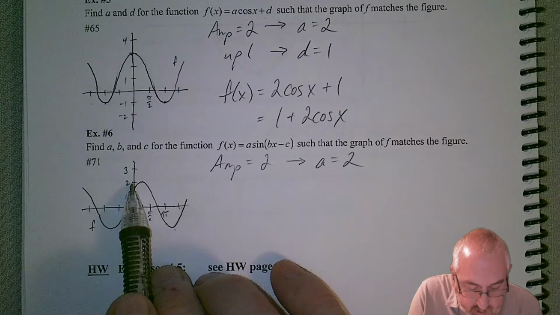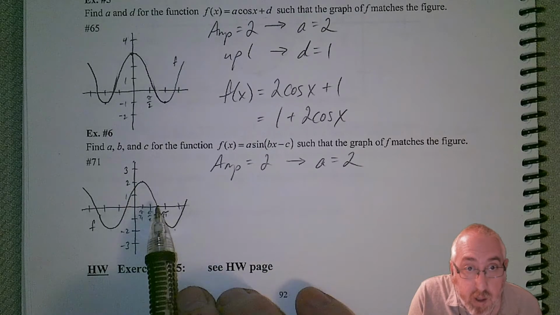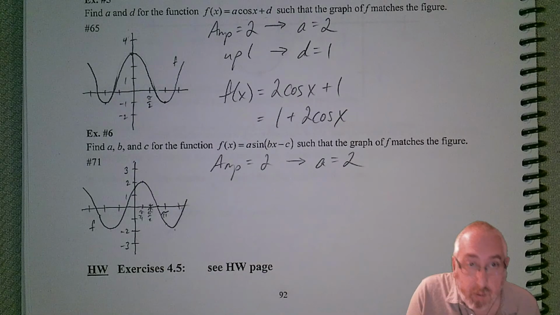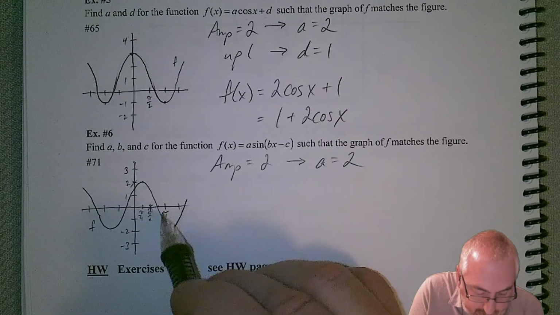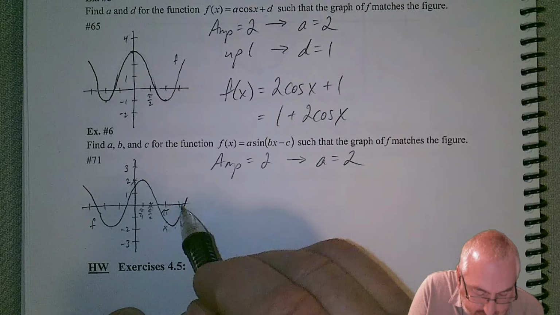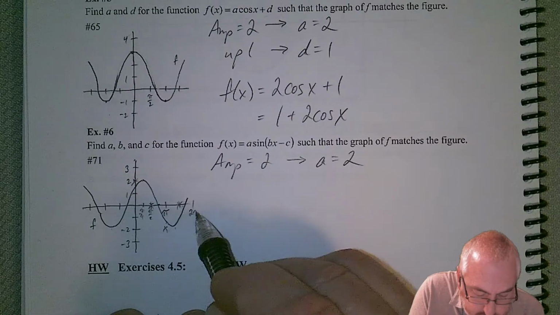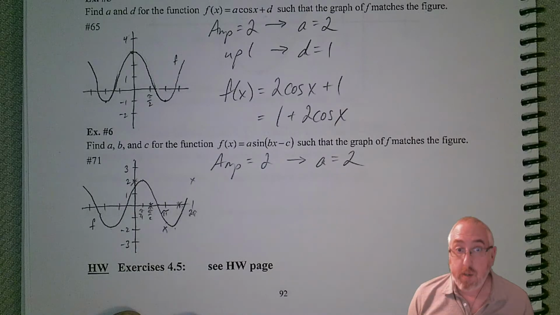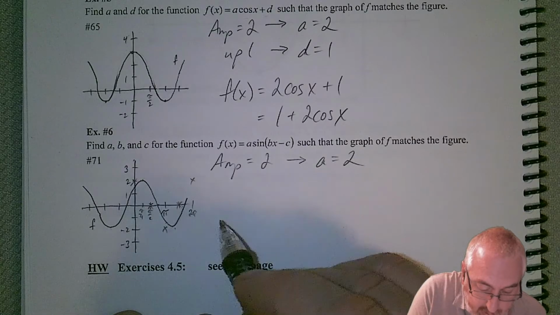If we start at 2 on the y-axis, normally we would drop down to -2 at pi, and then back up, and then the fourth dash should be our period. So we can see our period would be 2 pi.